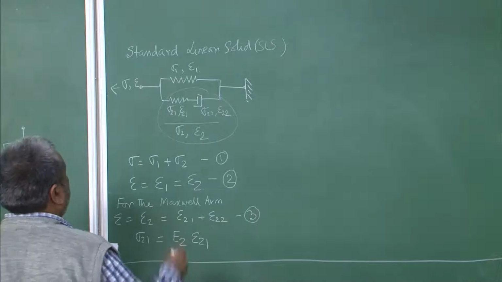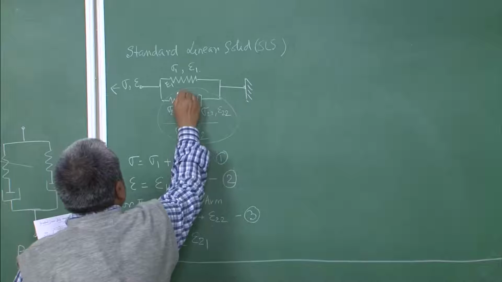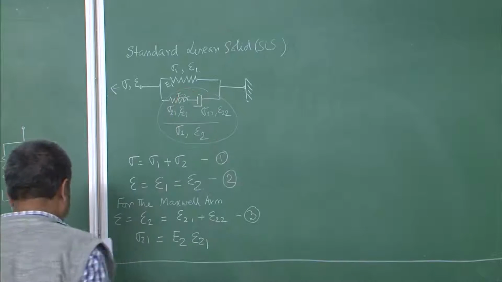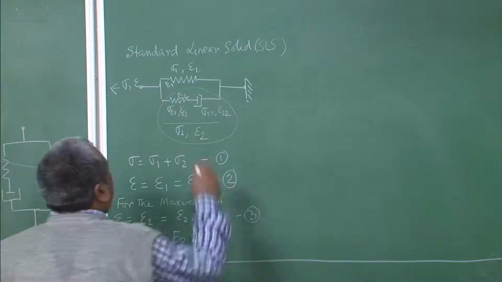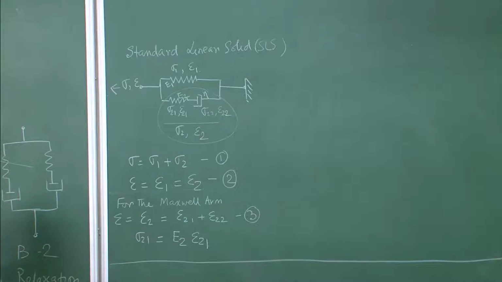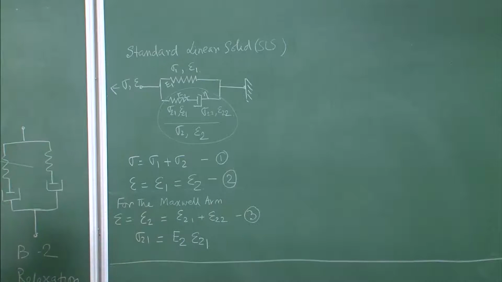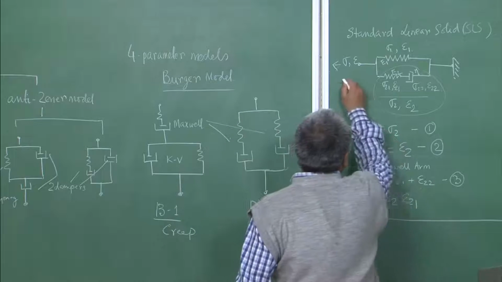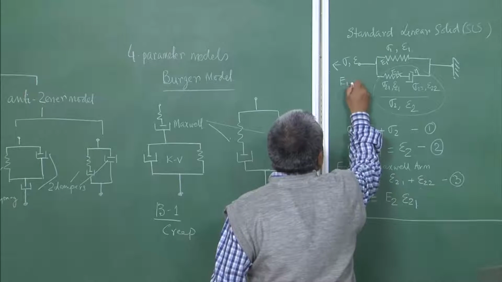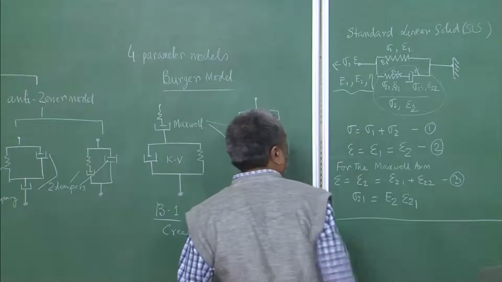So, let us say that this one has a modulus of E 1, this spring has a modulus equivalent of E 2, and this one has a damper equivalent of eta. So, ultimately we have to express everything in terms of E 1, E 2 and eta, because these are the 3 parameters that we have.